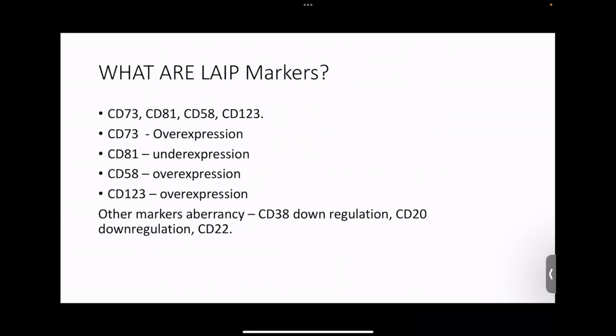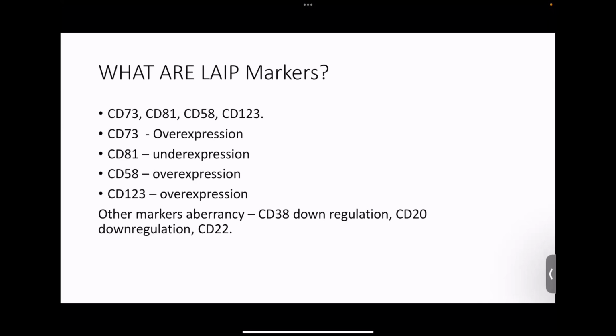What are LAIP markers? LAIP markers are leukemia-associated immunophenotyping markers, which are classically aberrantly expressed in abnormal B blasts. So the abnormal B blasts can be identified with the help of LAIP markers in the MRDs.